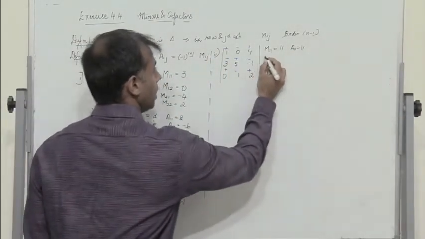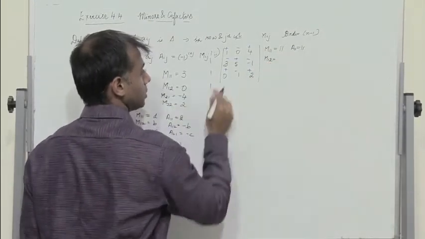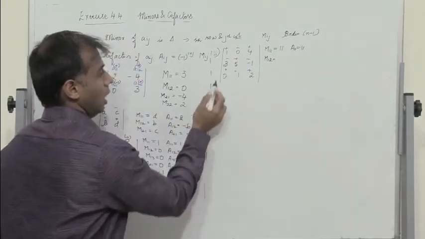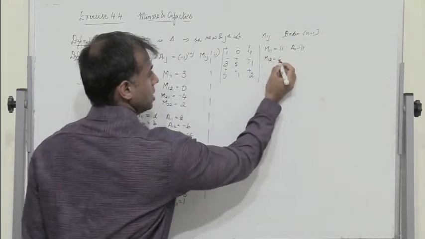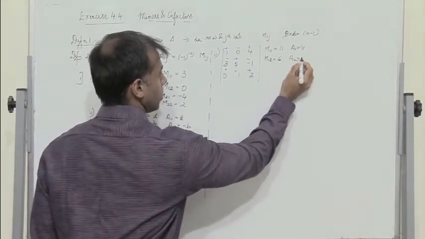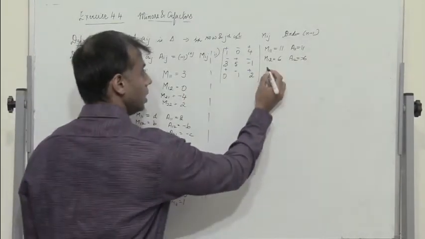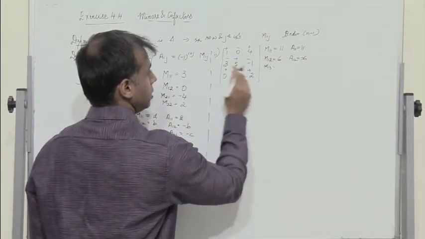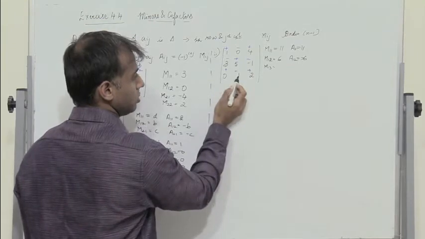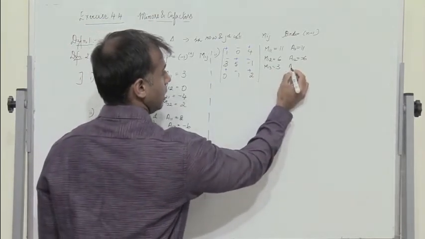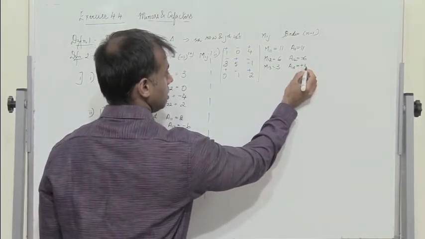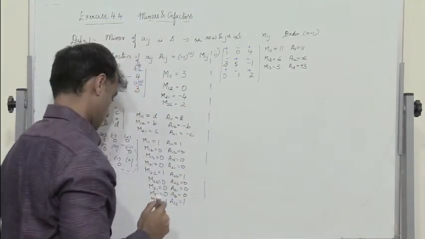So next, M12, first row and second column, so I have 3 into 2 which is 6. Again A12 is minus 6 because I have a minus sign here. Next, M13, the first row and third column, I get 3 minus 0 is 3, and A13 is plus 3 because I have a plus sign here.